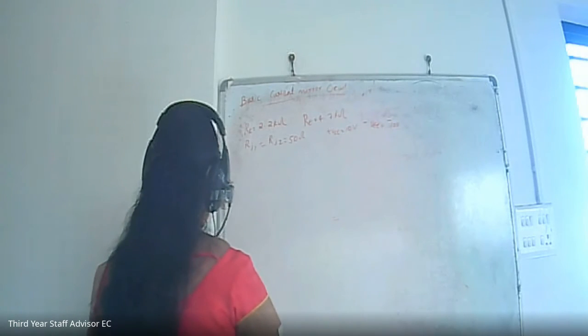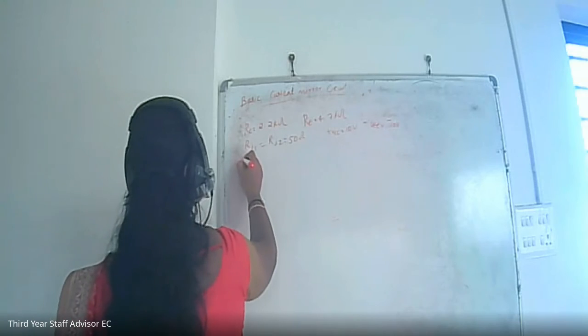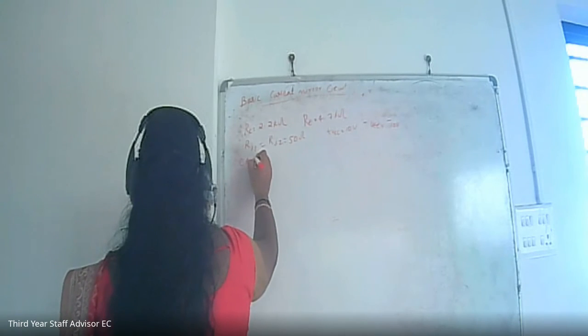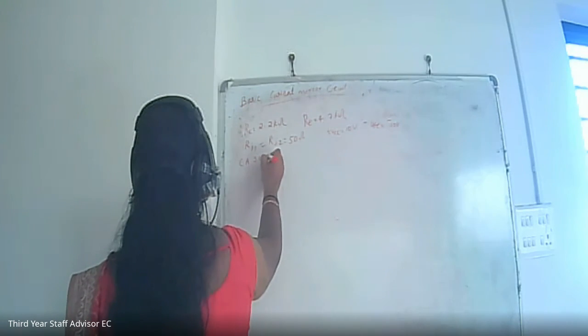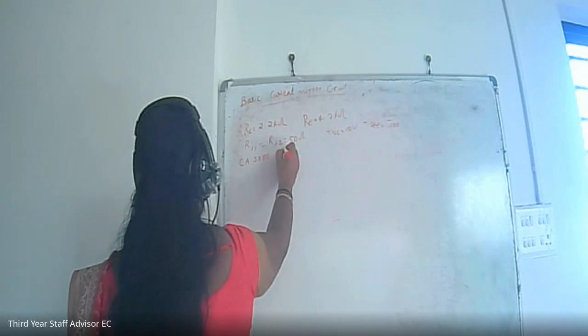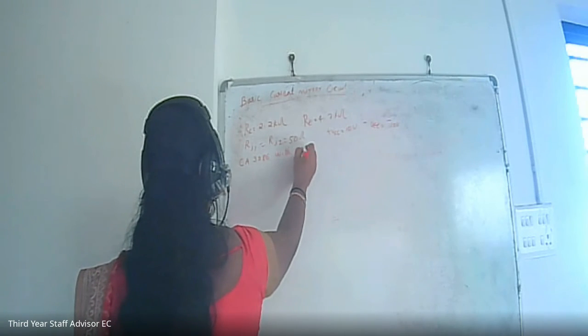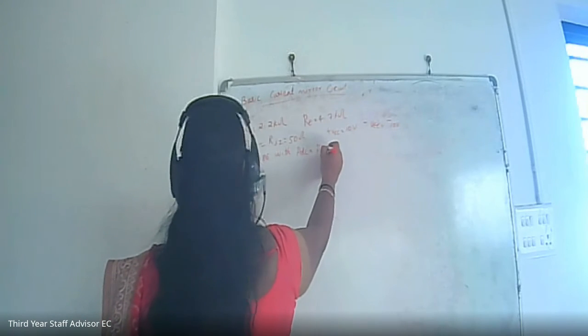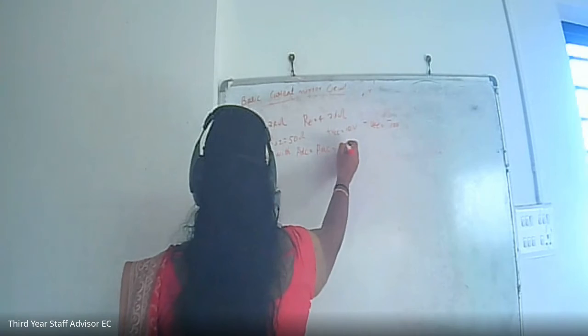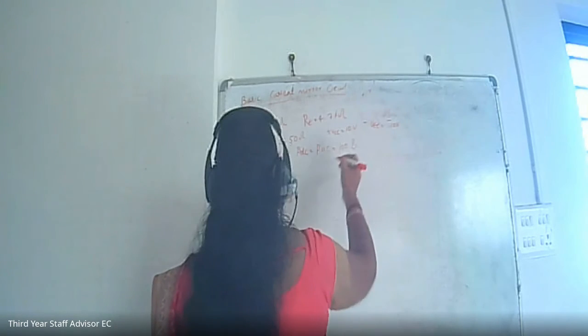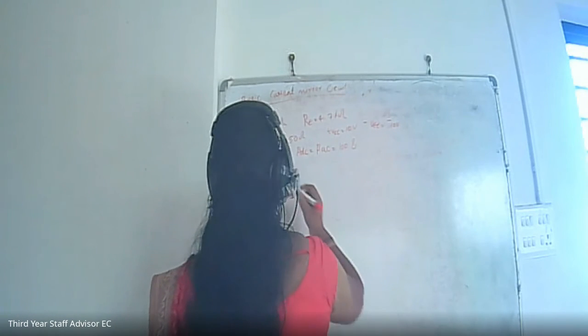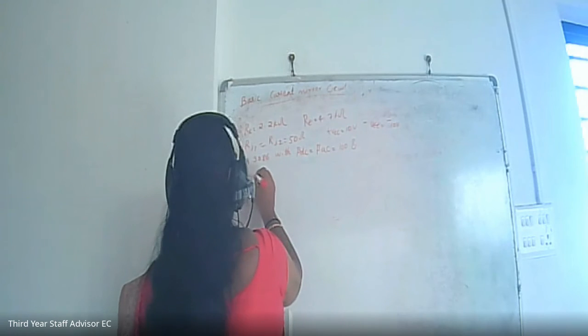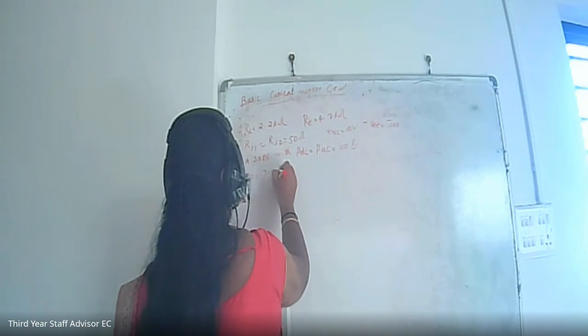And the transistor is CA3086 with beta DC equal to beta AC equal to 100 and VBE equal to 0.7 volt typical.